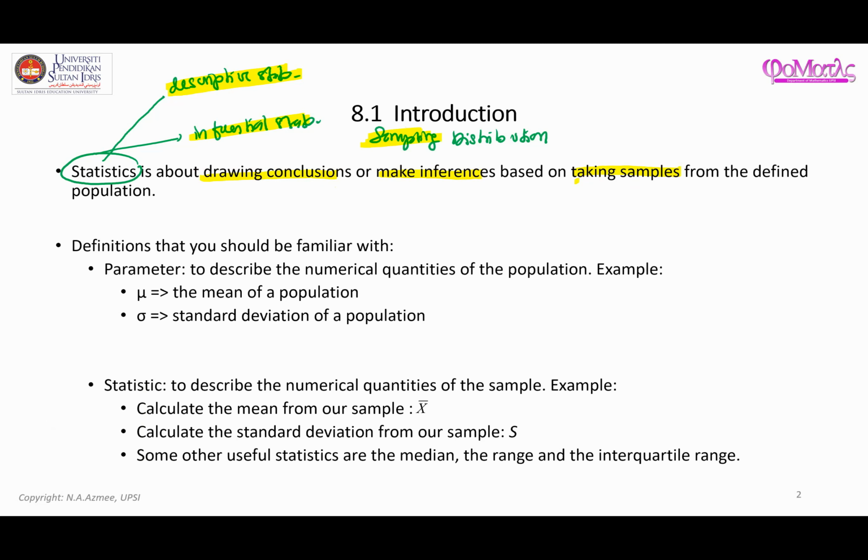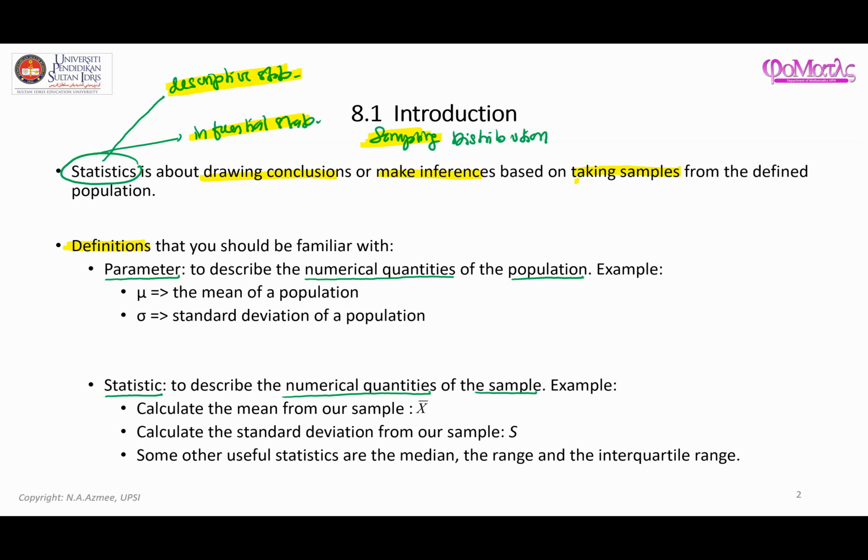Here, let me just walk you through the definitions that you should be familiar with. The first one here is parameter versus statistic. So what is a parameter? A parameter describes the numerical quantities of the population. Whereas a statistic describes the numerical quantities of the sample.